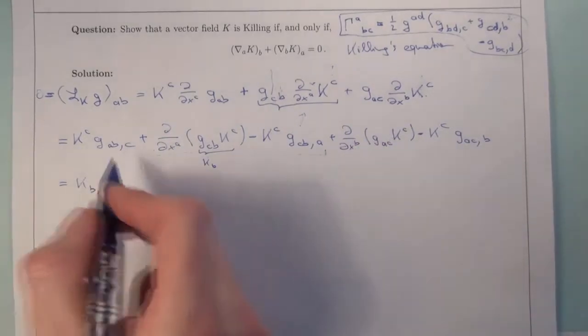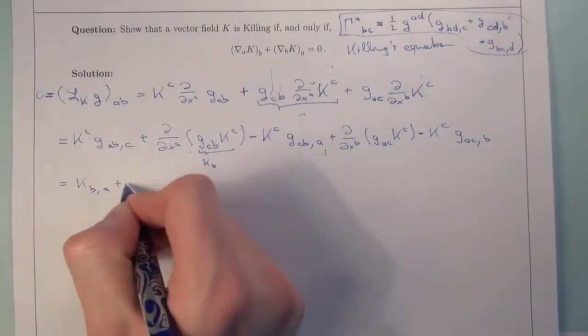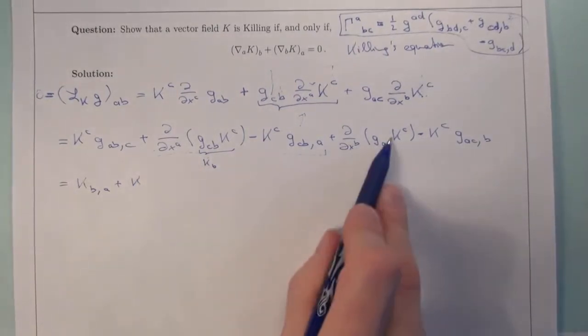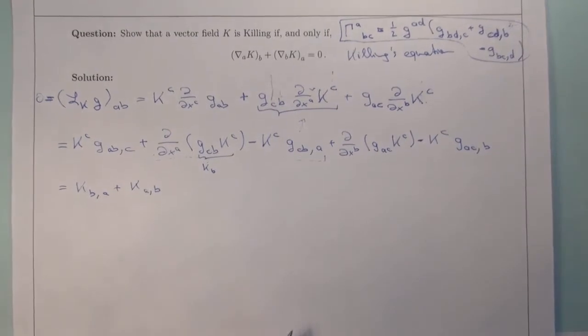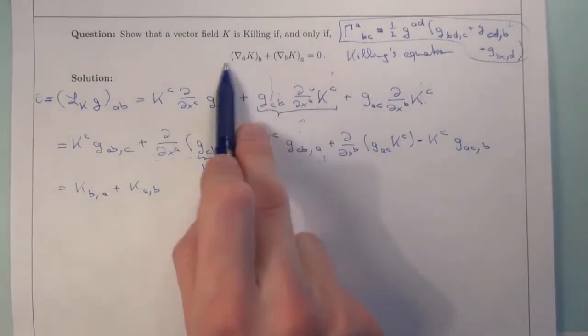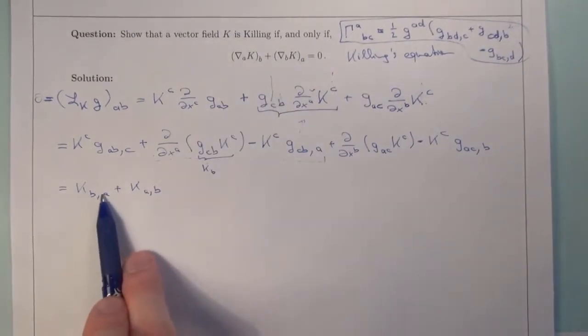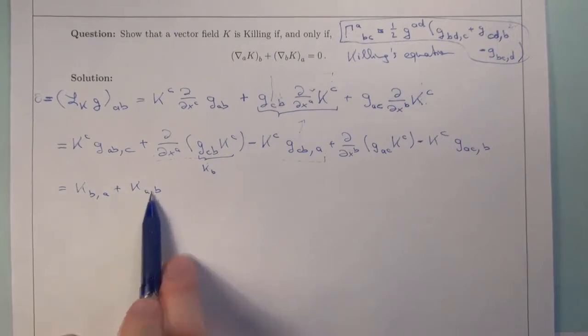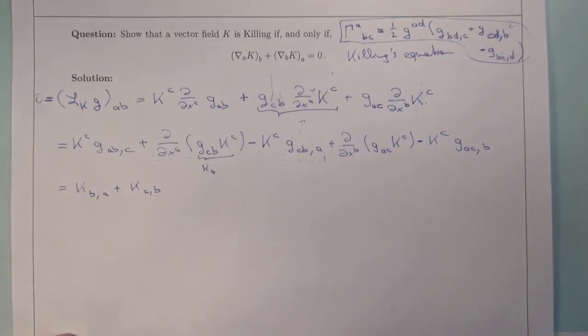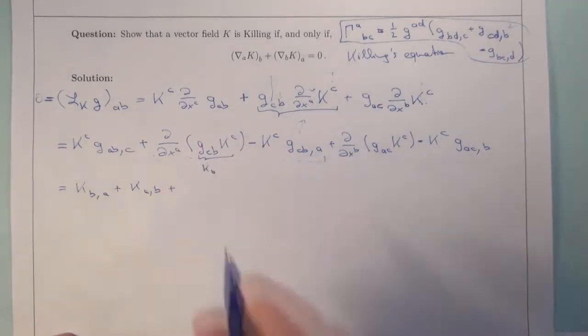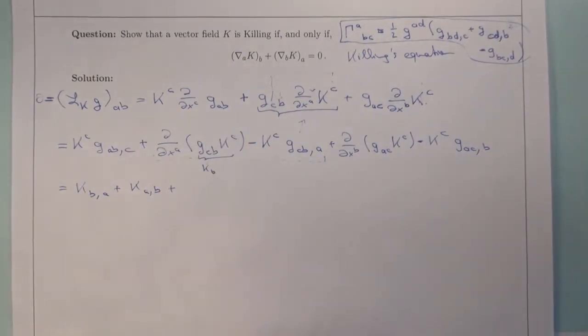Same holds for this term. That means we have a plus K, and now it is K_{A, B}. And this looks quite good, but we need to make the partial derivative here into a covariant derivative, but fortunately we have the gammas that we first need to find, but I assure you that they are there.